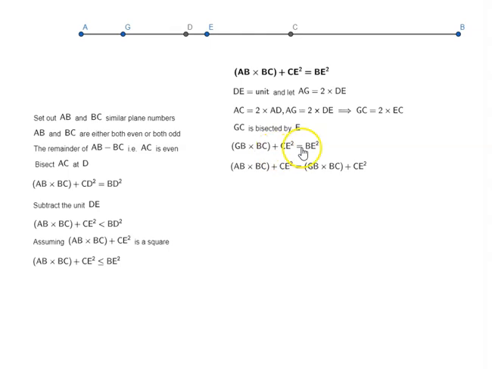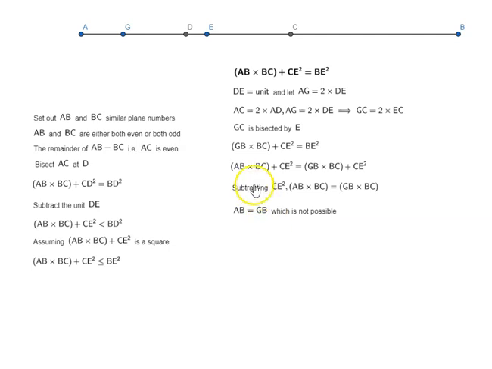We have arrived at this, but we started off with AB by BC plus CE square equal to BE square. So these two become equal. If we subtract out CE square from both the sides, we end up with AB by BC is equal to GB by BC. So again, BC is common to both the sides. If we ignore that, let me write the steps.